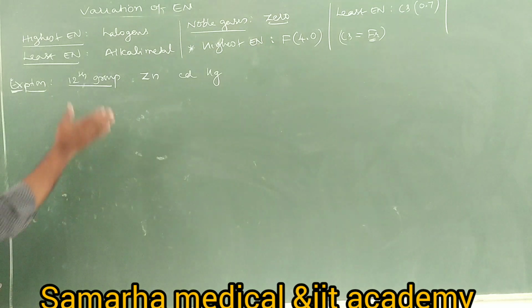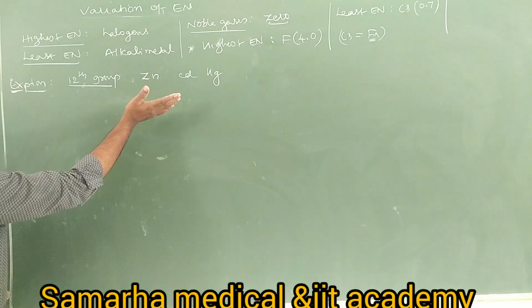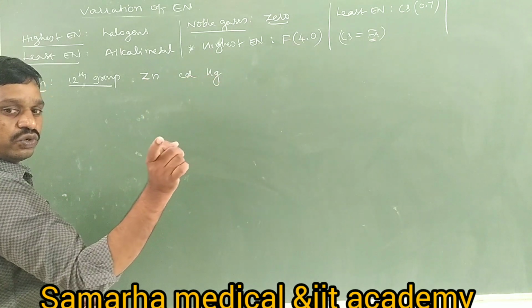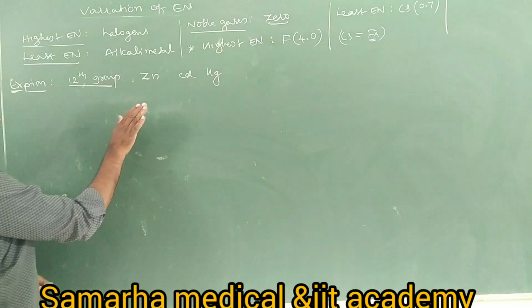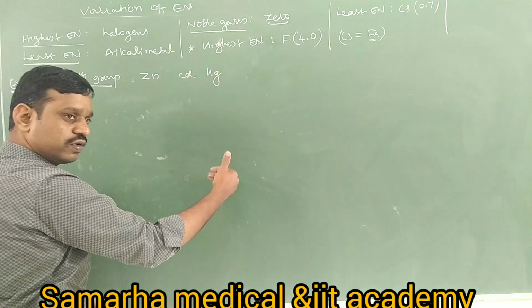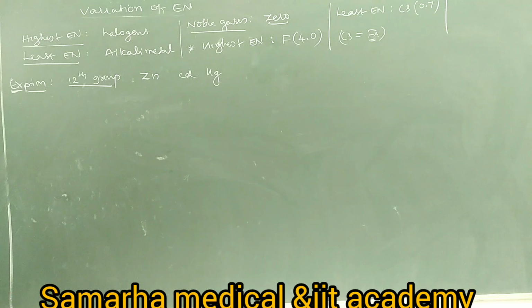In the 12th group, going down the group, zinc, cadmium, mercury, atomic size is supposed to increase, but cadmium and mercury have the same atomic size due to lanthanide contraction, right? Therefore, what is supposed to happen? Down the group, electronegativity should decrease, but exceptionally it increases.